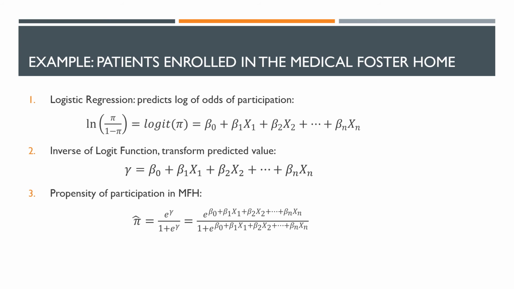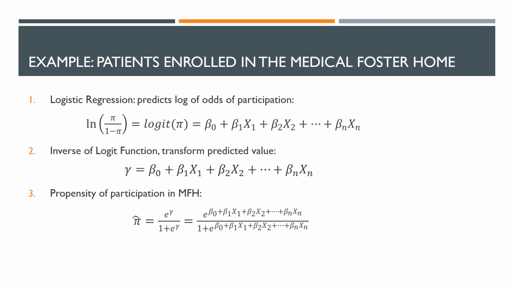It is used to predict the log of odds of participation, meaning we are predicting the transformed response variable from n independent variables. And as you can see, the natural log of pi over 1 minus pi is the logit of pi. The logit of pi from the previous slide is 1.10.